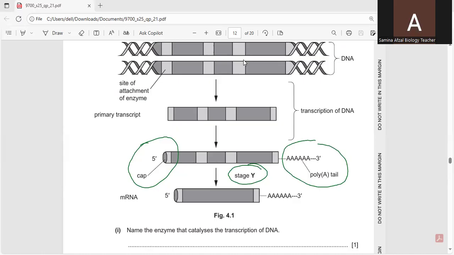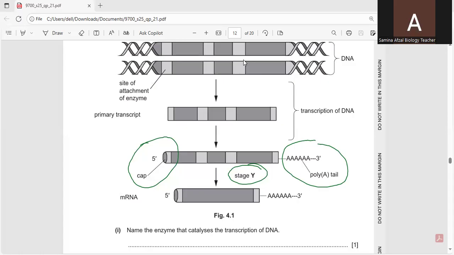Now the question is: name the enzyme that catalyzes the transcription of DNA. This is a very straightforward question. After this long description, the enzyme that catalyzes the transcription of DNA, synthesizing an RNA molecule from a DNA template, is RNA polymerase.